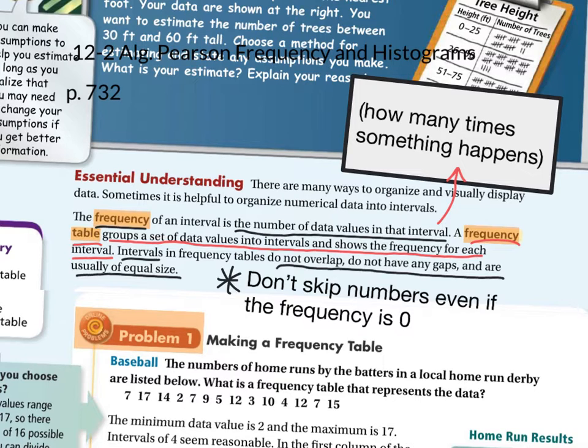We're just going to still put the interval, just we wouldn't have any tally marks, we'll talk about in a minute, and then we would have a frequency of 0. That helps us to see that we do have a gap, a section where there isn't anything. If you just skip it, then we can't see that as well.